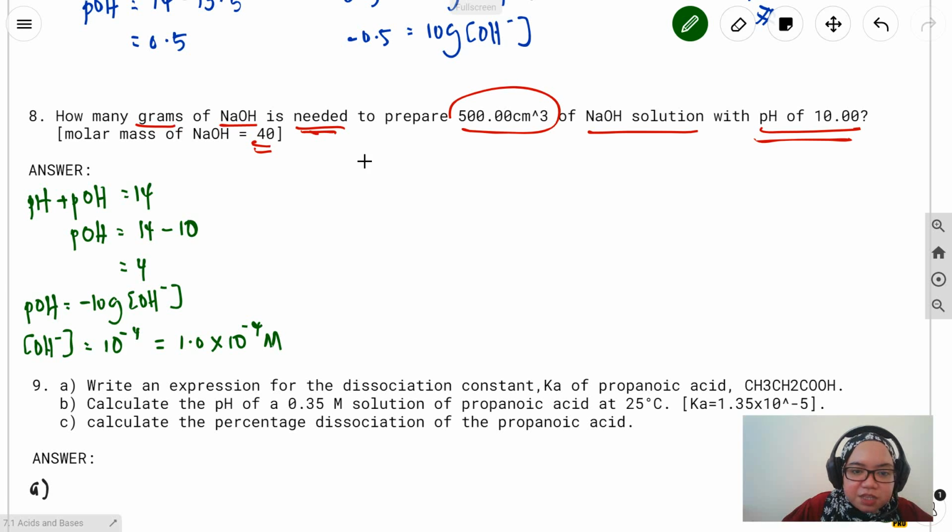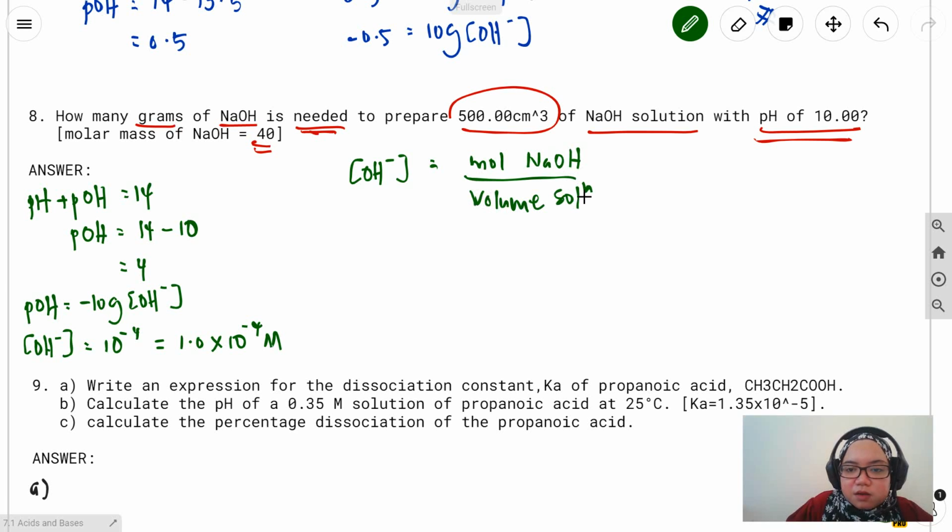So we know that concentration of OH minus is equal to mole of NaOH divided by volume of solution. Okay, here we know. So we can find the mole here, right?